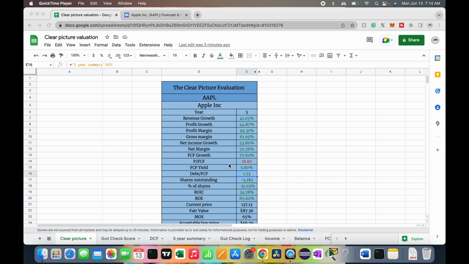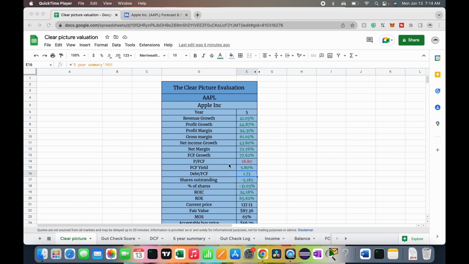Then I'm going to go through and tell you the metrics I use to critique if it's a good or bad number. The yield on free cash flow is 5.8%. Their debt to free cash flow is 1.73.